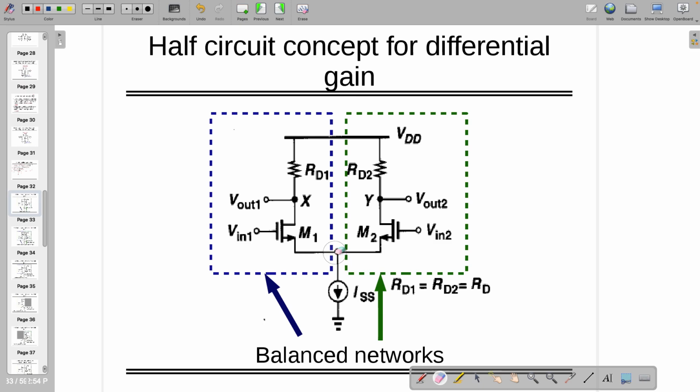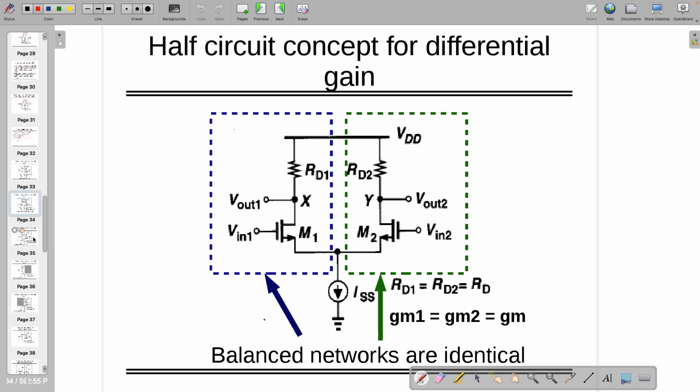However, in the case when both are the same, this is not going to be true, but on both sides the currents are exactly identical, or ISS by 2, right? So in that case, this particular network is going to be there. ISS will be there. Means you have to find out the impedance or whatever is there. It's going to affect both the circuits. But on the other side, this was actually ground. Okay. So that is known to us. Now another thing is what I am making the assumption.